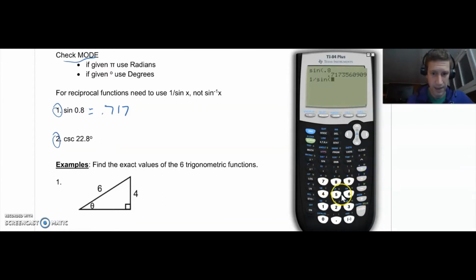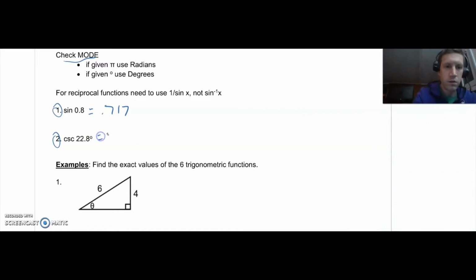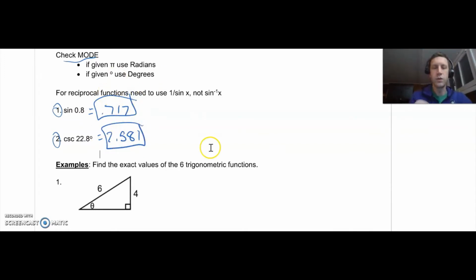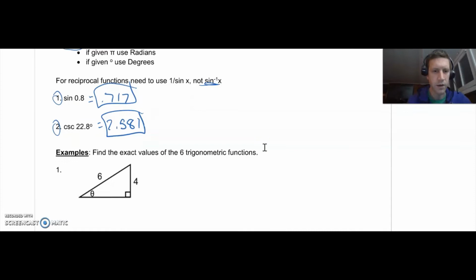So 1 divided by sine of 22.8 degrees gives 2.581. Easy as that. So note up here, don't do inverse sine. Make sure you're doing 1 divided by sine. Inverse sine is something different that we'll cover at another time.